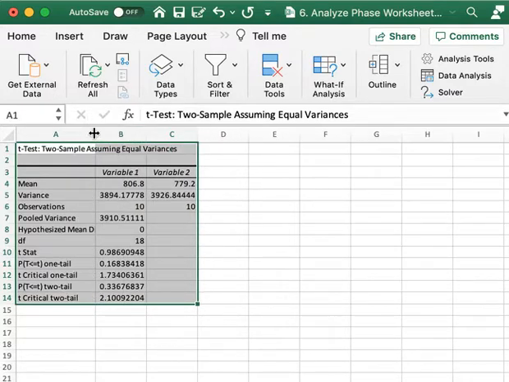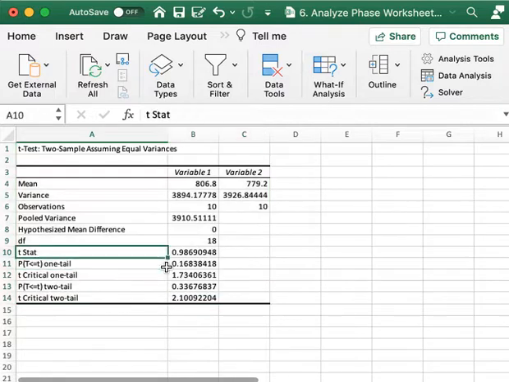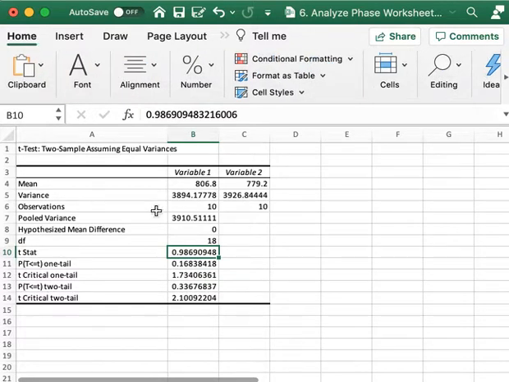Okay, so what is this telling me? It's telling me the t-statistic was 0.98, and here you have the two answers for the one tail or two tail. So Excel doesn't know if you were doing one tail or two tail. It's just presented to you. So the t-statistic is 0.98.